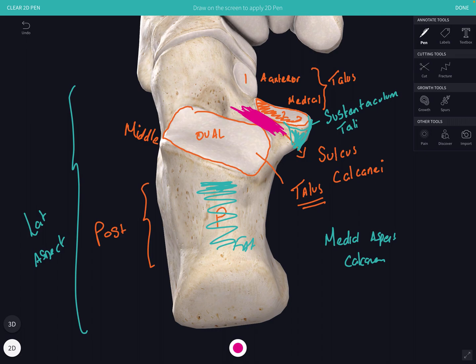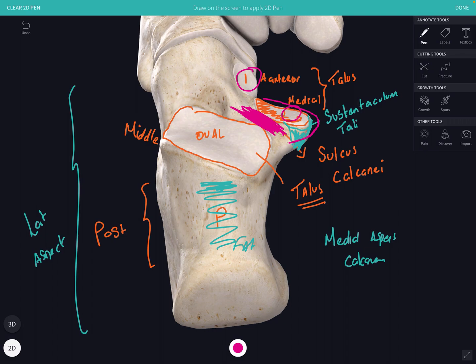And then anterior to that, we have another two articular facets which articulate with the talus. And one of those articular facets sits on top of this very prominent bony eminence on the medial aspect of the calcaneum, known as the sustentaculum tali.